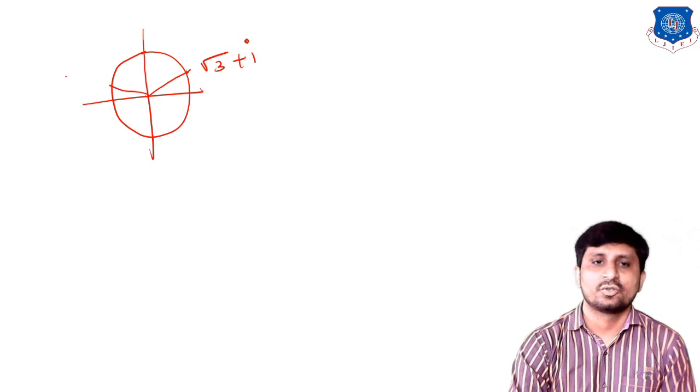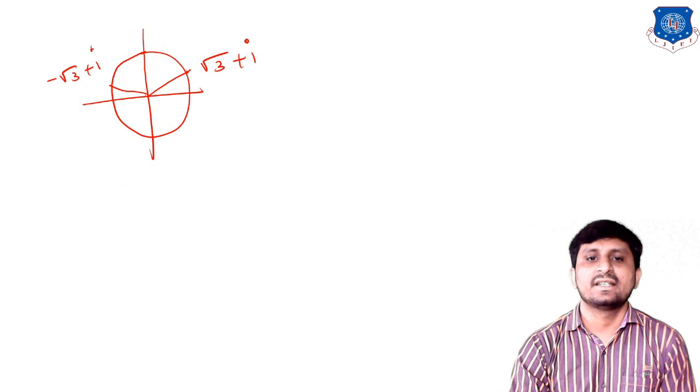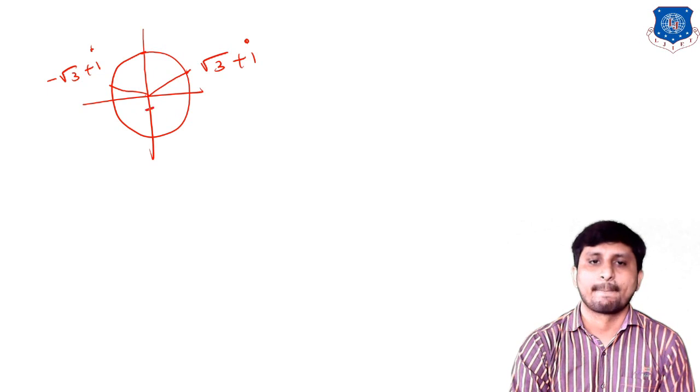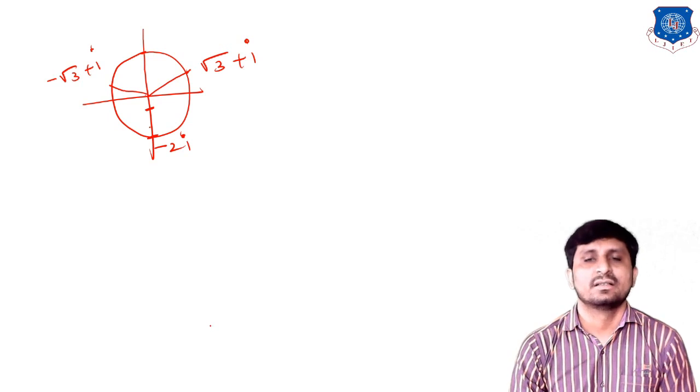Second quadrant. So here we have minus root 3 plus i, and then minus 2i, which means on this line. Minus 2i. Clear? And clearly this is a circle with radius 2 and center (0, 0).